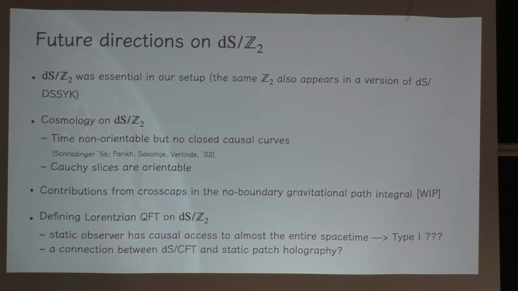This actually turns out to be more difficult than just discussing classical properties of the gravitational path integral, because there's a difficulty choosing the epsilon prescription, just as Henry mentioned.